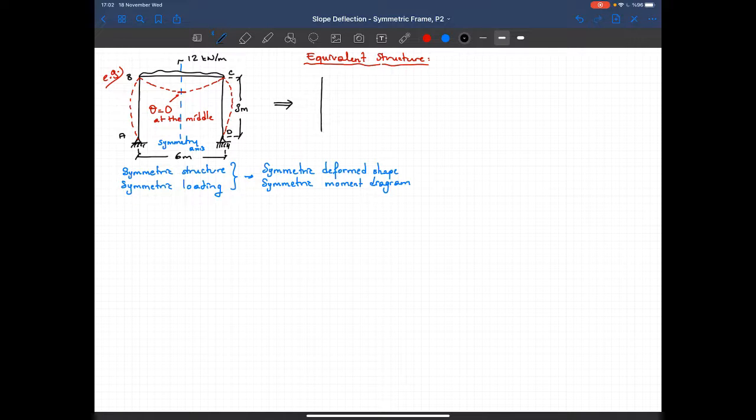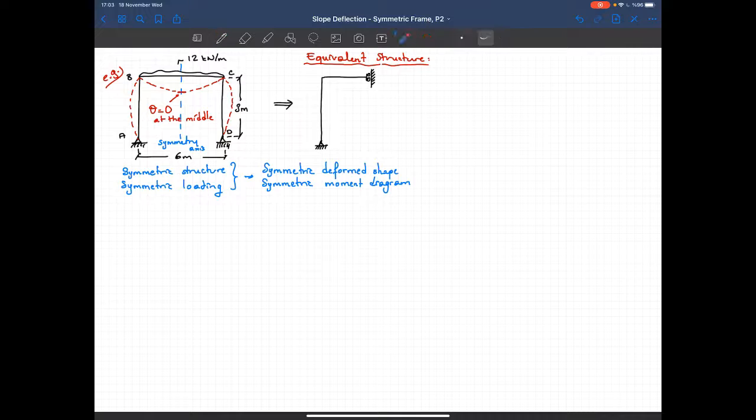So I'm just modeling the half of it because the other half will behave the same. So this part, the middle, it can move in the vertical direction, but the rotation must be equal to 0. So I describe that behavior as follows. I'm putting a fixed roller here.